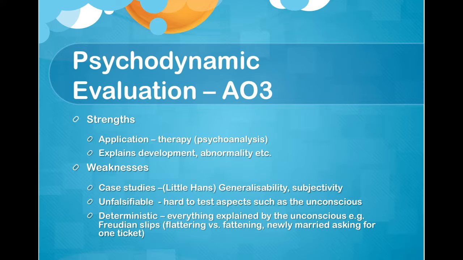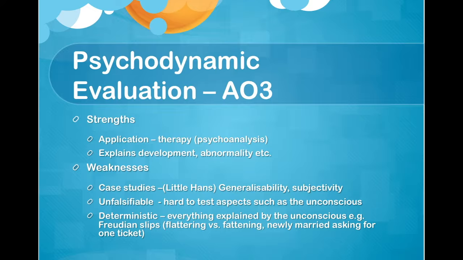You say, oh, it's because they're unconscious. Can't test that, though. So that's a big problem. It's hard to test the unconscious, hard to test whether these repressed thoughts, because you're not meant to be able to access them, are actually causing the behaviour. Better, more scientific theories say this is the cause and you're able to test that and see whether that's correct or not, whereas that's not the case with the unconscious, certainly.